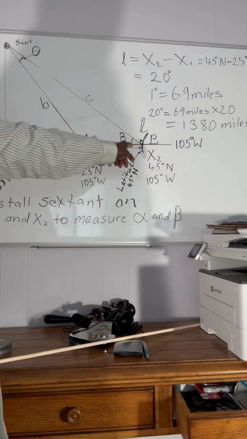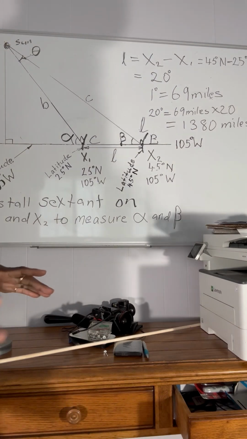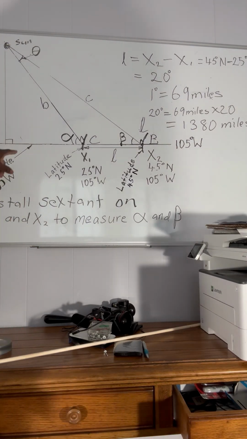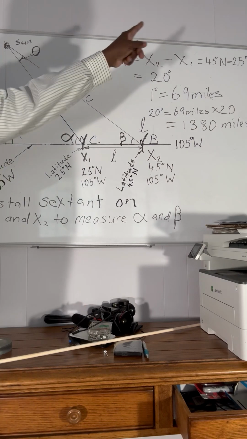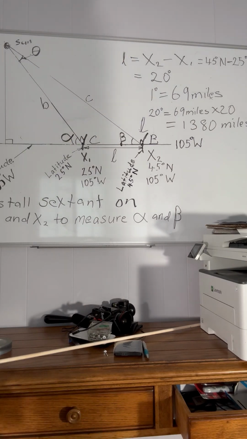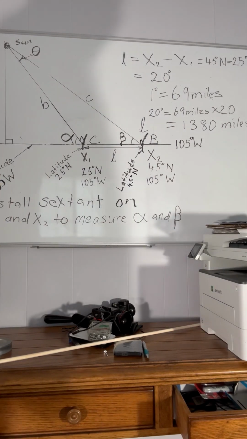The closer they are to the North Pole, the smaller they are. The sun moves around the North Pole. So how are we going to calculate the height of the sun?